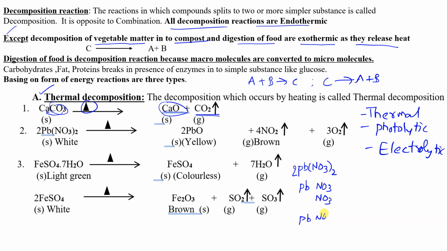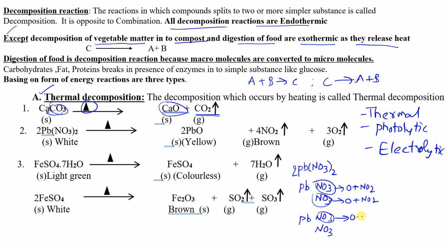For remembering without rote learning, how to write the answer, that is why I am telling like this. Lead nitrate, two molecules are there, so Pb(NO3)2 twice. From one NO3, remove one oxygen, it converts to NO2.